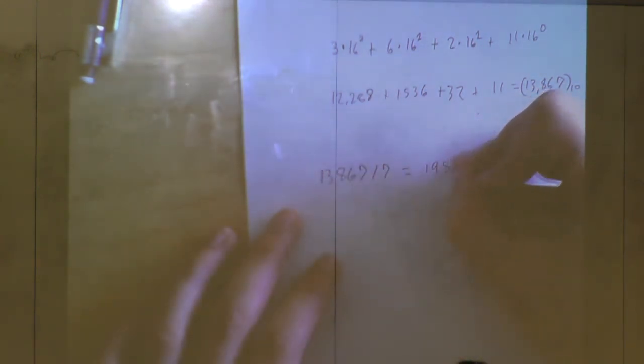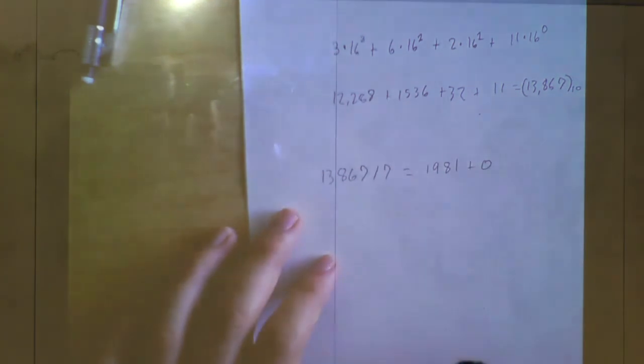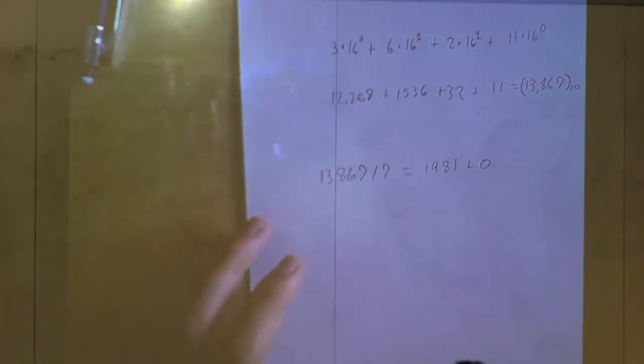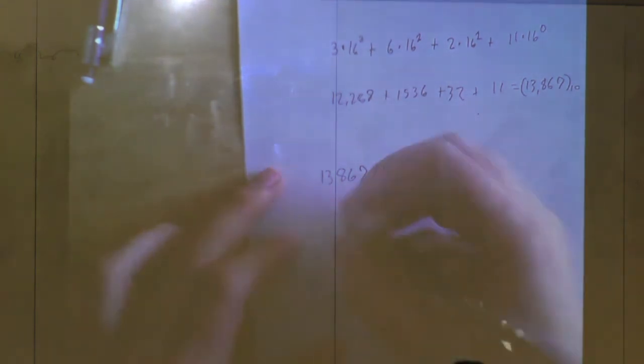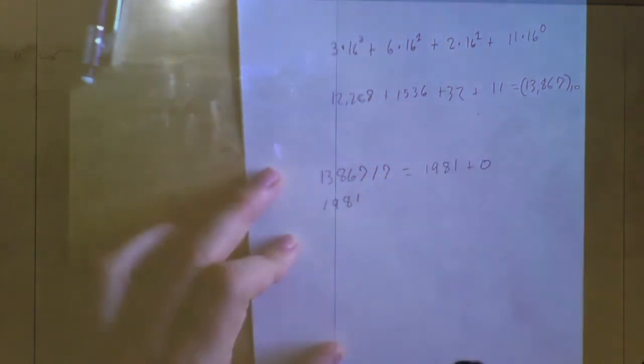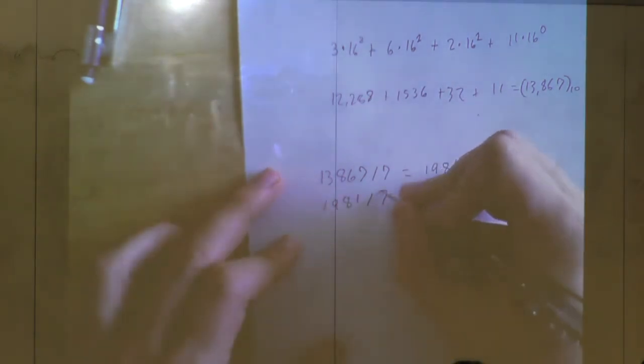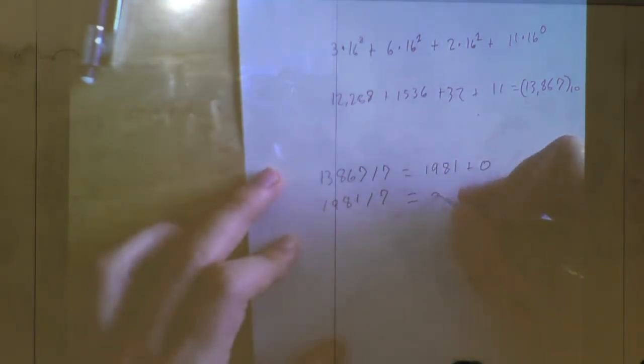So that's 1,981 plus 0. And then that divided by 7, what? Wait, it divides evenly again. That's weird. So we have 1,981 divided by 7 is equal to 283 plus 0.